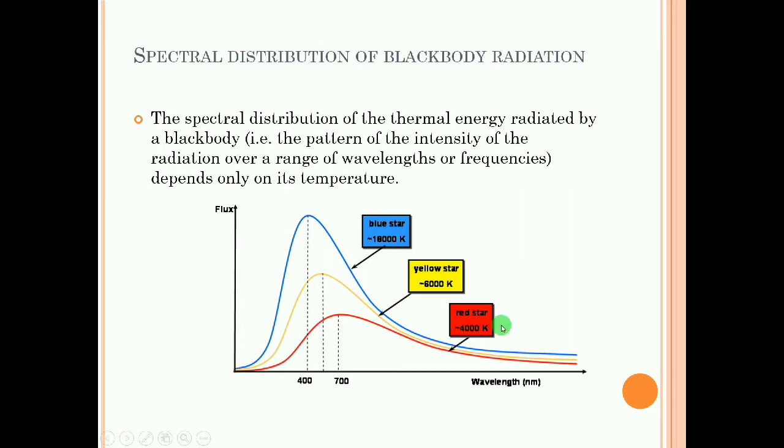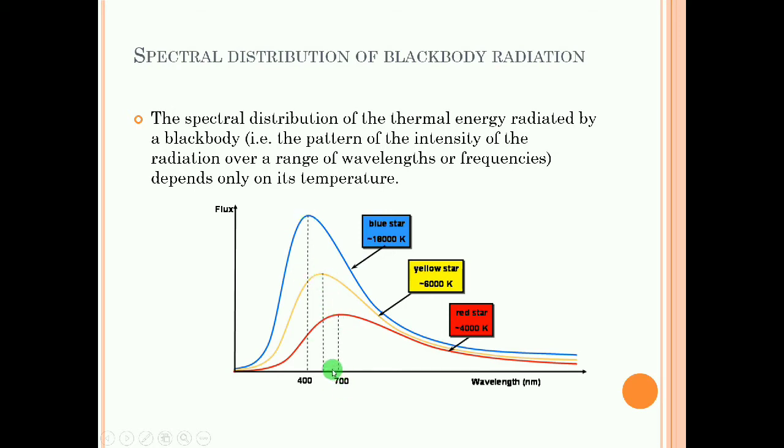For approximately 4000 Kelvin, we get this red curve. For 6000 Kelvin, this middle one, and for nearly 18,000 Kelvin, we get this blue curve. These are asymmetric bell-shaped curves. If you observe, as temperature goes on increasing, 4,000, 6,000, 18,000, the peak of the graph shifts towards the left-hand side.